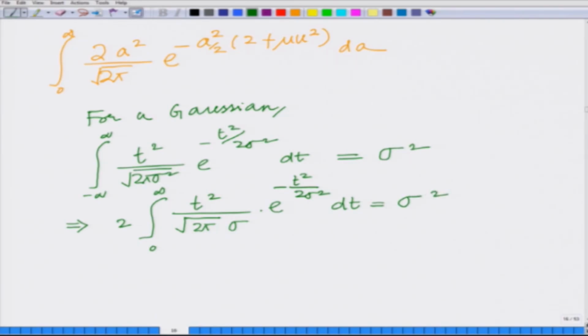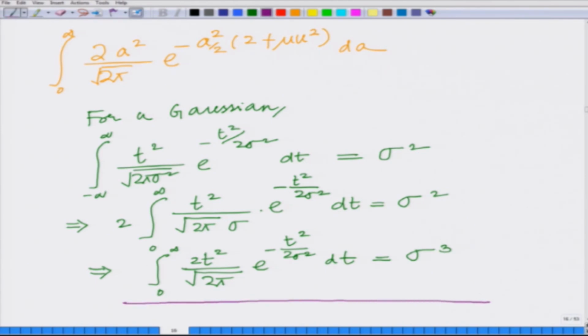And now, this sigma is a constant, so I can move it from the denominator on the left to the right, and therefore I will have the integral from 0 to infinity of 2 t square divided by square root of 2 pi e raised to minus t square divided by 2 sigma square dt equals sigma cube. This is the result I am going to employ to simplify.